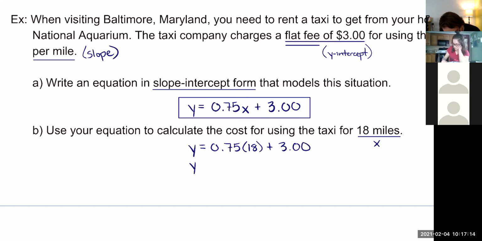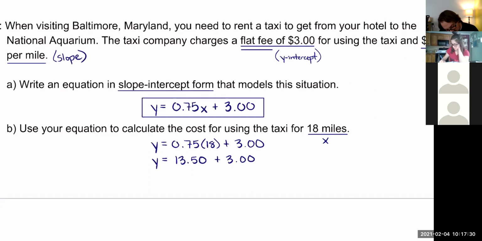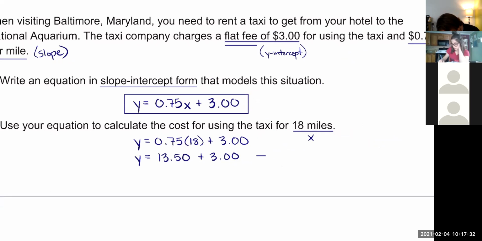And hopefully someone has a calculator handy because my decimal multiplication is garbage. 0.75 times 18 is 13.5, plus the $3 flat fee, which gives me the final cost: $16.50.